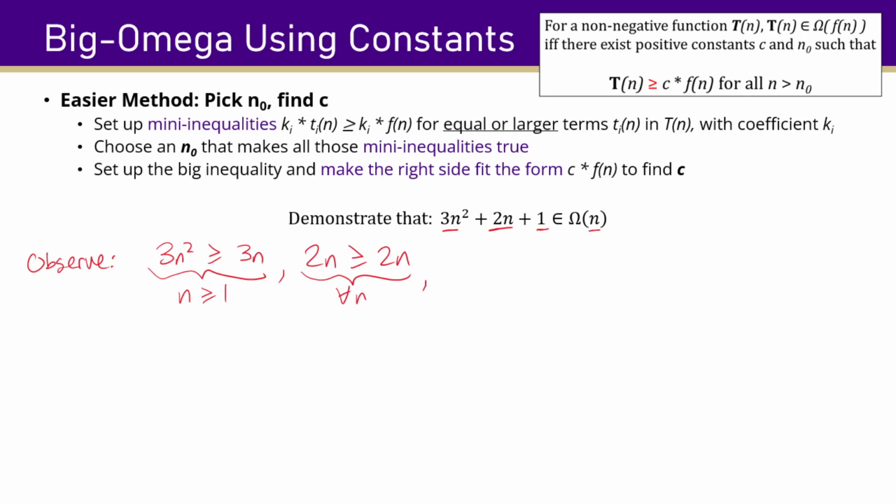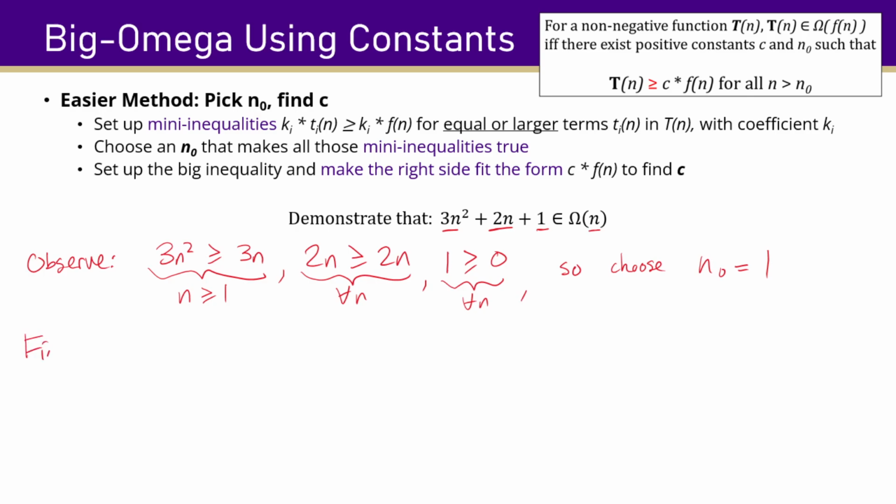And this last term, we cannot show that 1 is always going to be greater than n for large n, rather. And so instead, we will drop that, and we can show that 1 is always greater than or equal to 0 for all n. So we can choose an n naught that will make all these true. And if we choose 1 again, hey, that conveniently works.